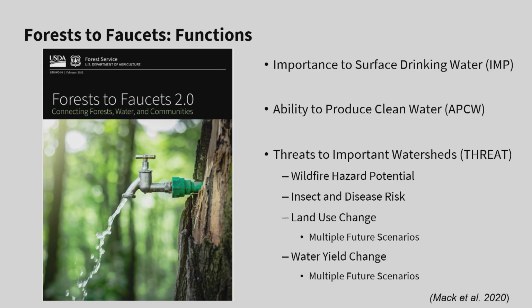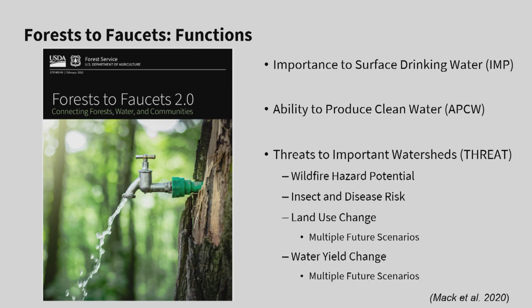In terms of the Forest to Faucet project or tool, it is all developed, and you can access the tool through the internet. It has several functions. For example, it shows the importance of each watershed, and also the ability of each watershed to provide clean water.